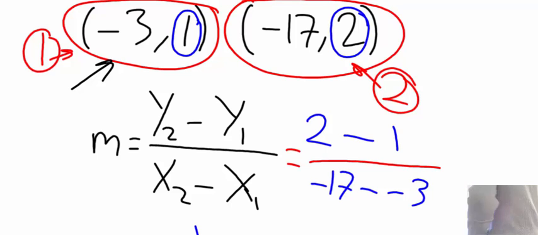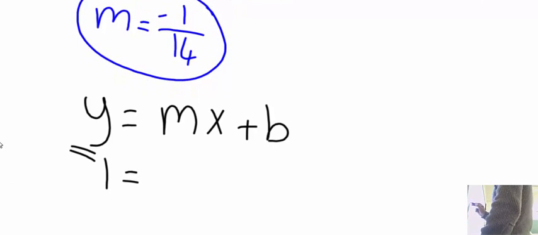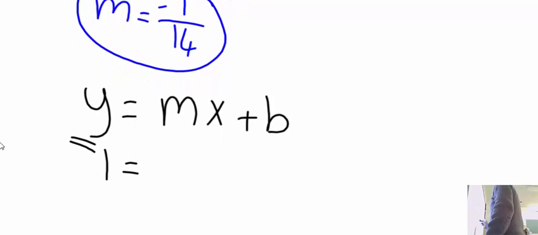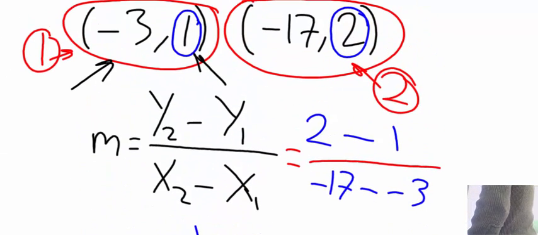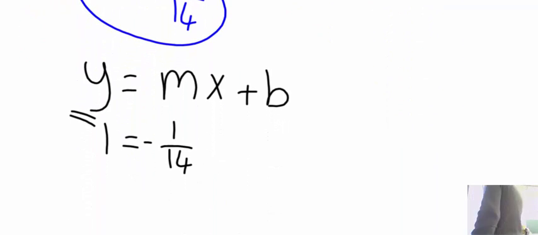So over here, y is 1. And slope is what I found out, which is minus 1 divided by 14. And x is, that's y, and this is x, minus 3. So I'm going to write down minus 3 here.